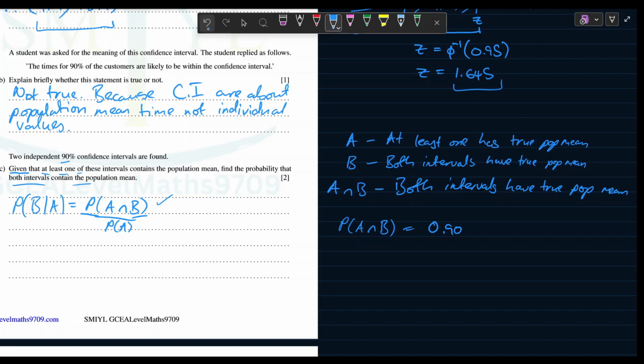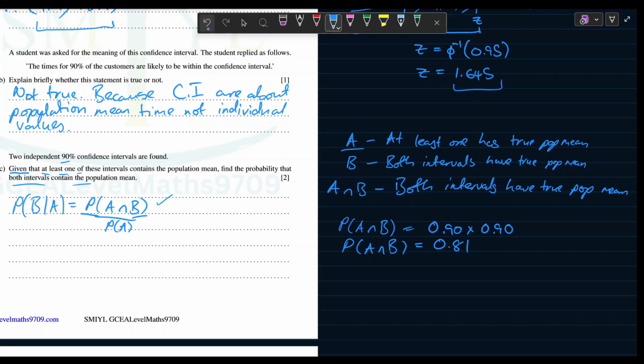And since we've got two of them, it's times 0.90 if both of them must have the true population mean. So let's simplify this. A intersection B is equal to 0.9 times 0.9, which is 0.81.